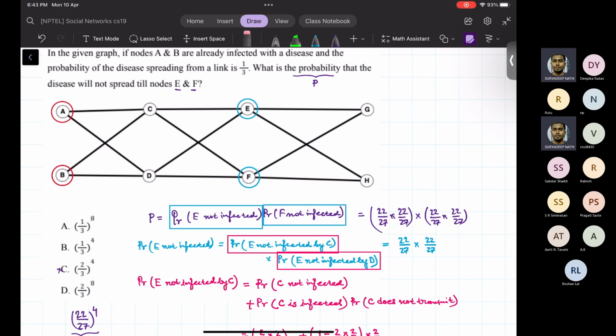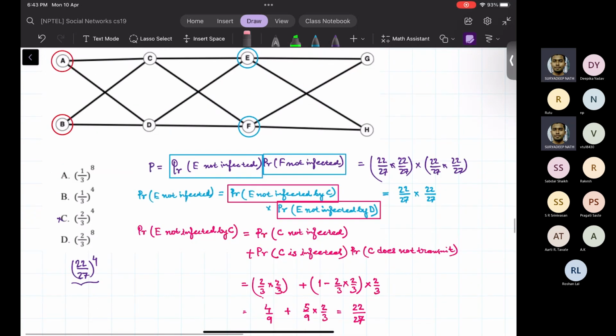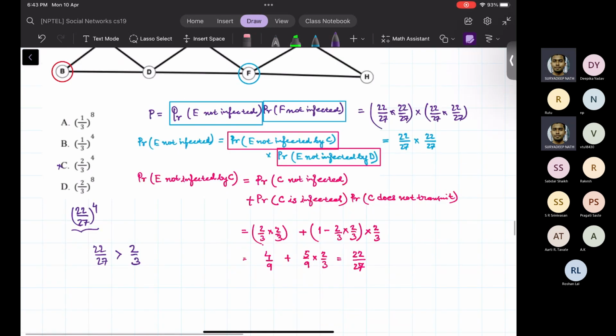And if you look carefully, 22/27 is greater than 2/3. 2/3 is around 18/27, whereas 22/27 is higher.